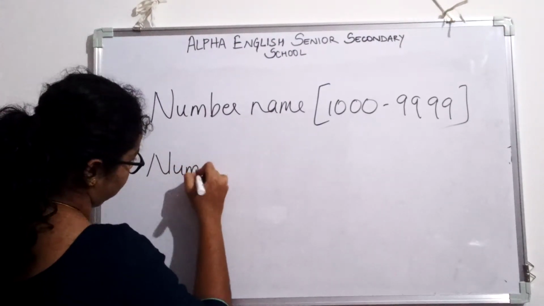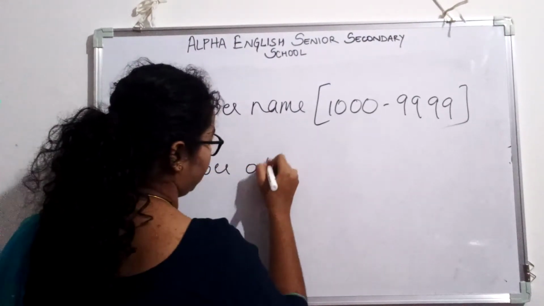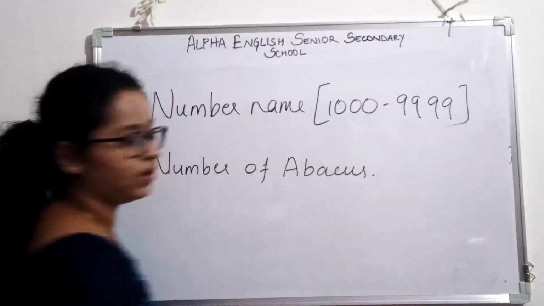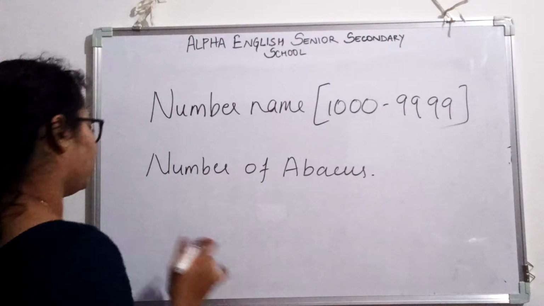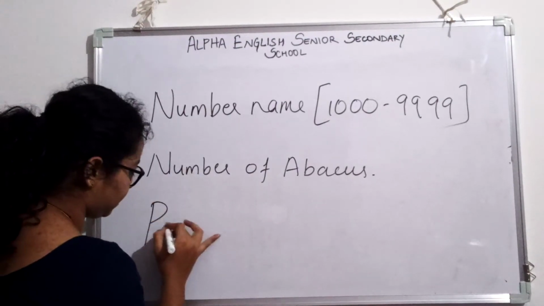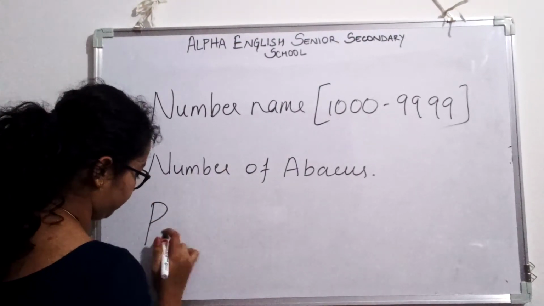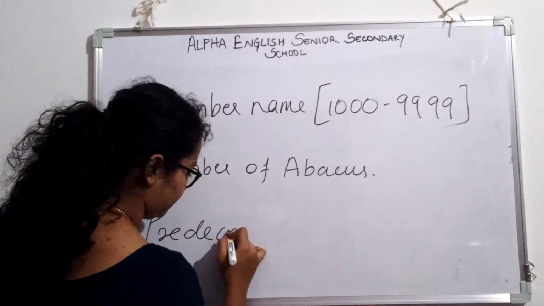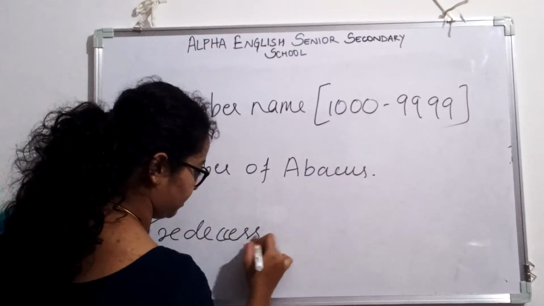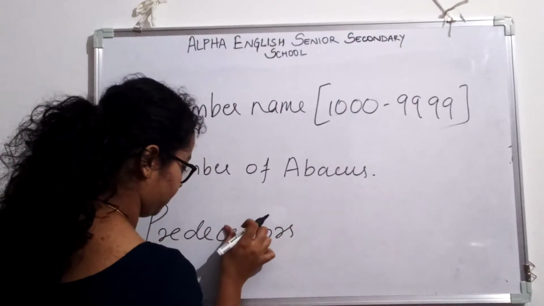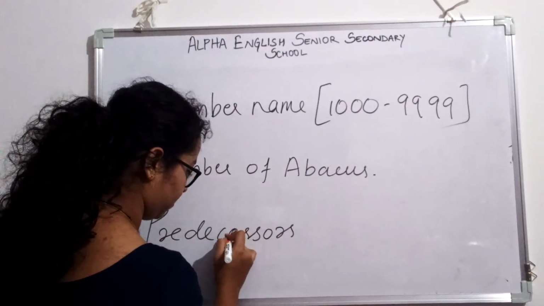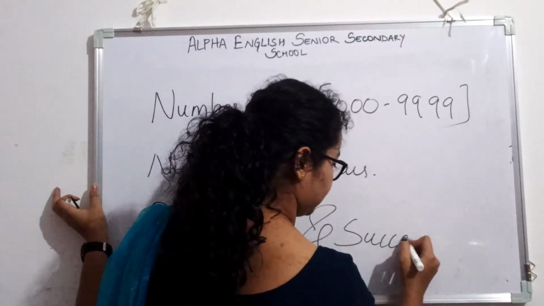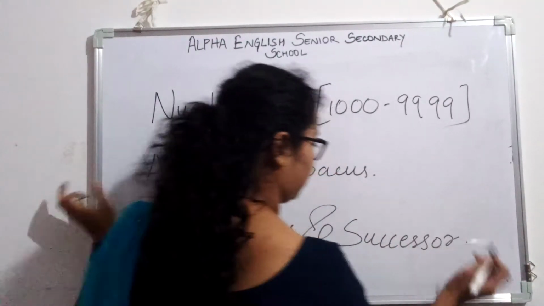Then we are going to learn about numbers on an abacus, and then about predecessors and successor numbers.